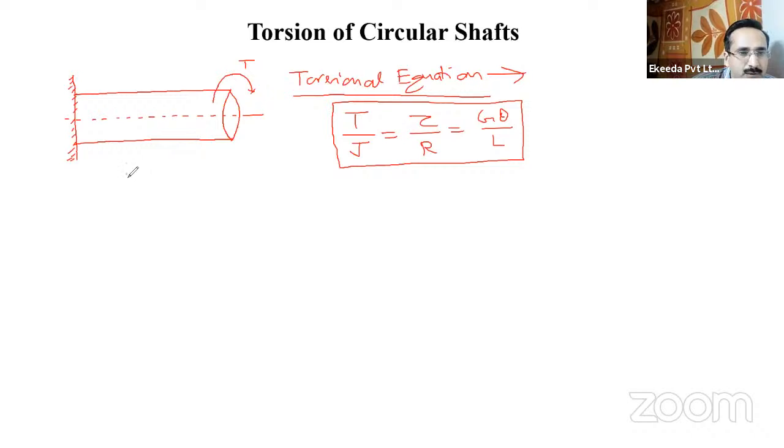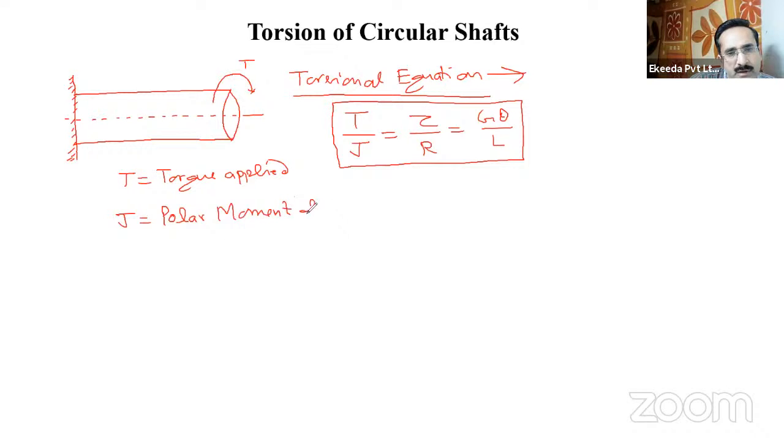Here T is the torque applied. What is J? J is the polar moment of inertia. In theory lecture, we have also discussed what is polar moment of inertia.